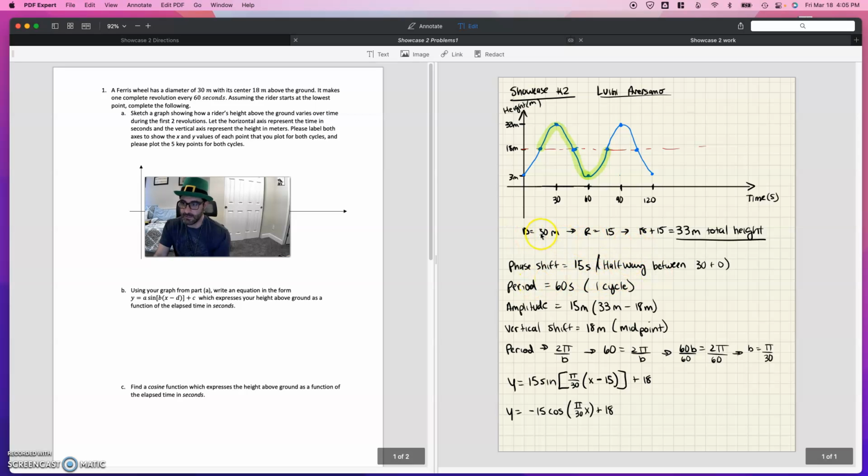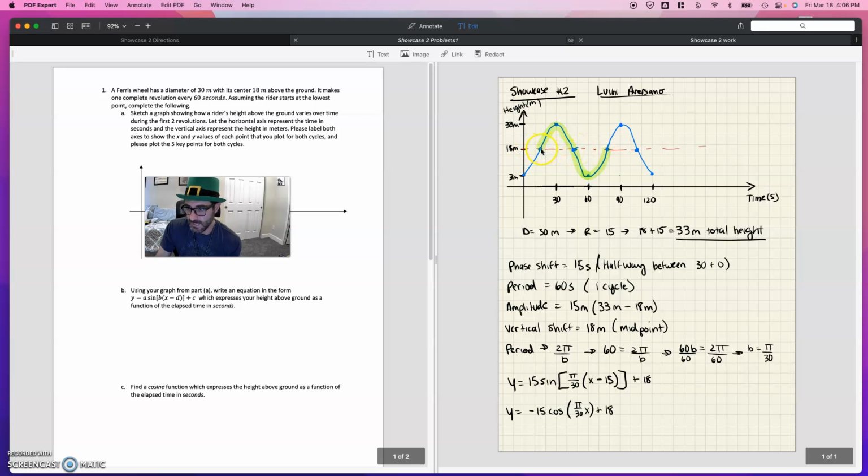Like I said, the diameter is 30 meters, so that gives you 15 meters, so you can get your total height. The phase shift is 15 seconds, and how we get that is, if you look at the graph, you're going to plot your 5 points at the beginning, the apex, and then as it descends again to its low point. Those 2 points in the middle are where it crosses your midline.